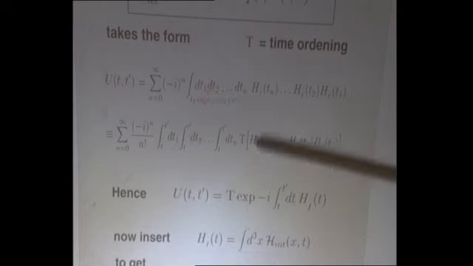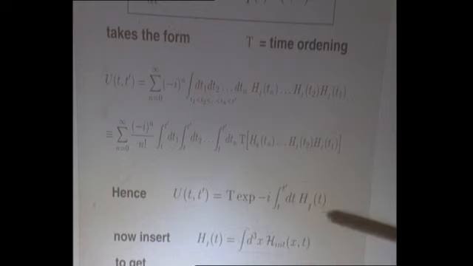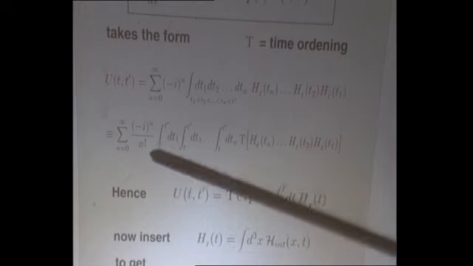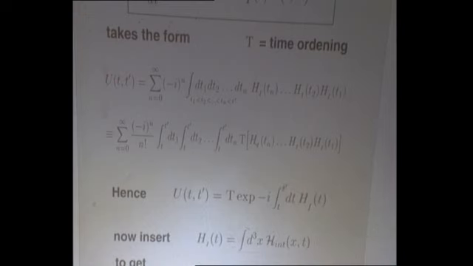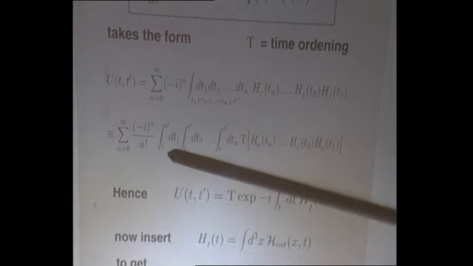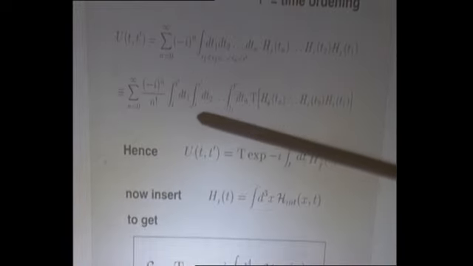So I introduce this symbol T, which introduces the ordering of these products of Hamiltonians in such a way that the earliest time comes first. If I introduce this symbol, so that the order is always such that the time which is earliest in these integrals comes at the first position, then I can integrate all of these t's from t prime to t.